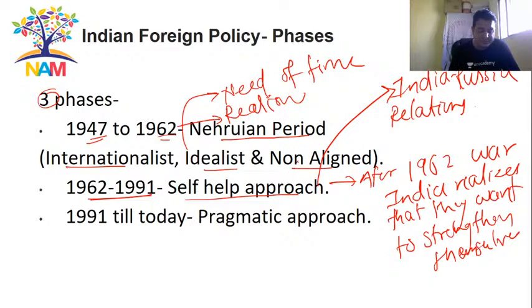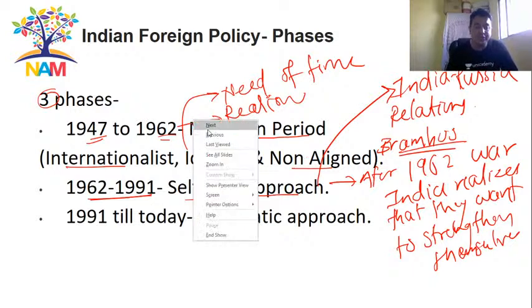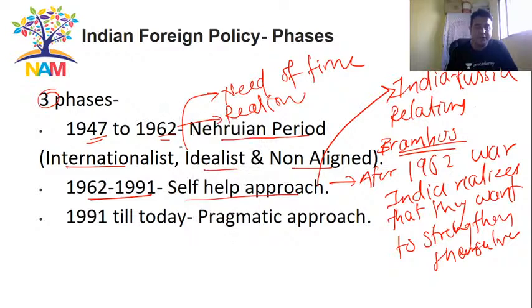Clear? One very best example of it is BrahMos. Do you remember BrahMos? Yes, exactly. The cruise missile of India and Russia. We jointly developed it.